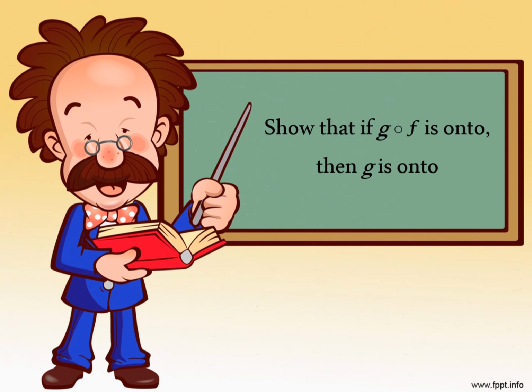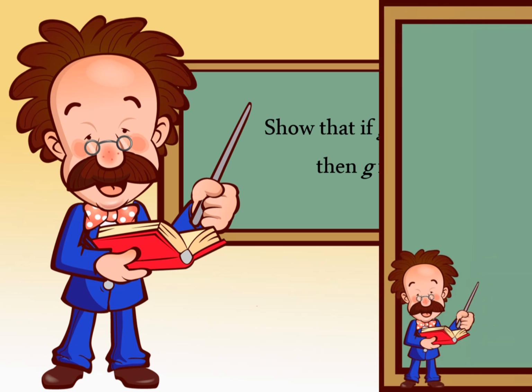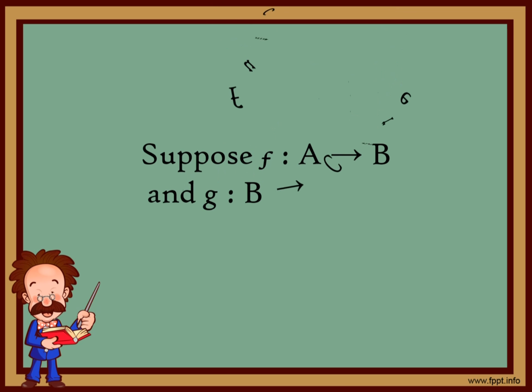Going back to the problem, let us show that if G circle F is onto, then G is also onto. Suppose f is A to B and g is B to C are functions.